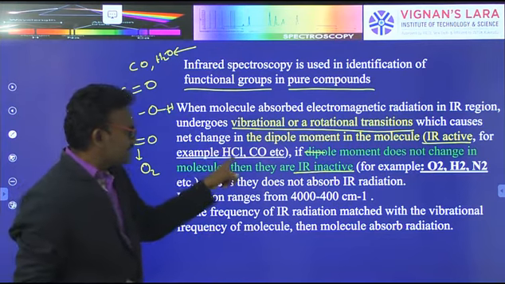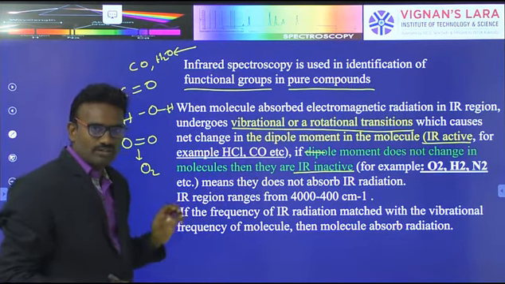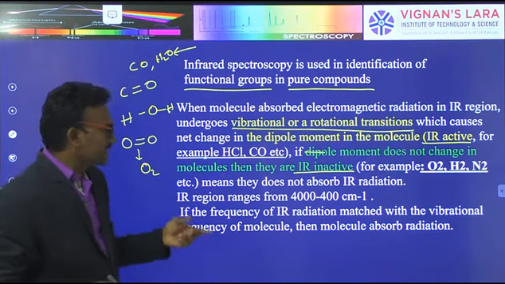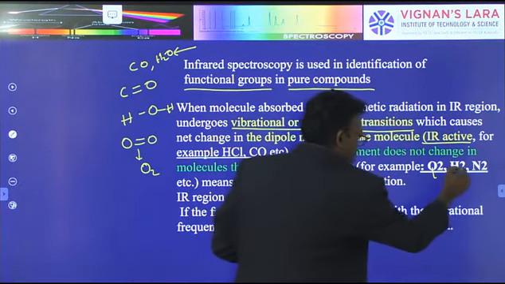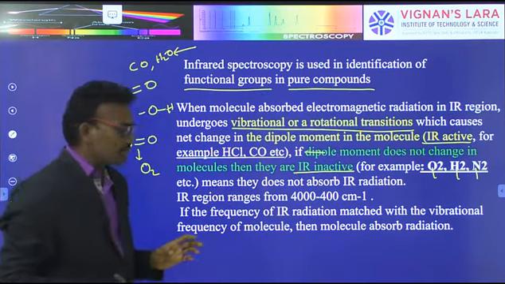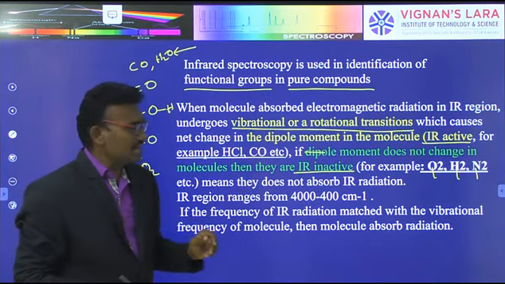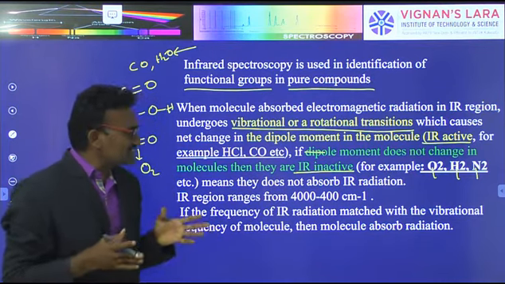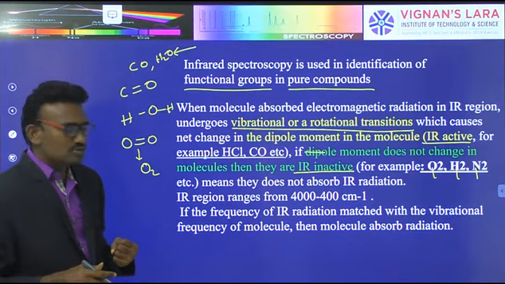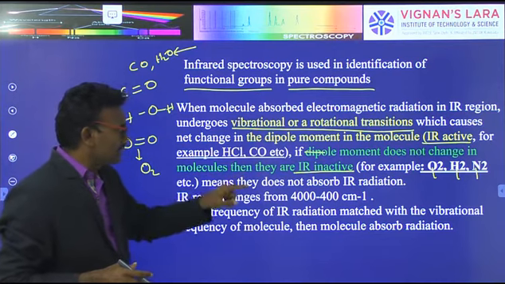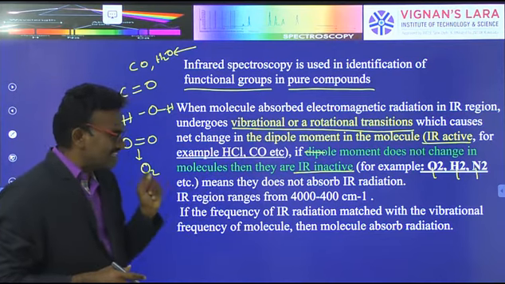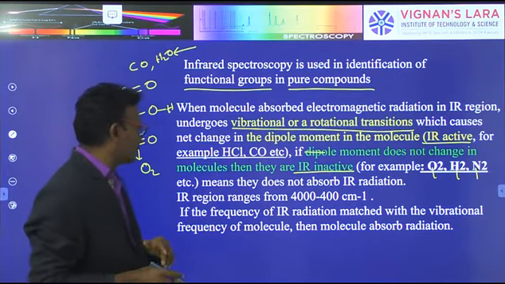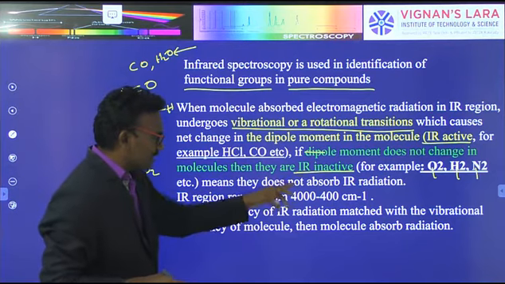For example, HCl and CO have different atoms in the molecules, where IR is active. In cases where molecules have the same atoms, IR is inactive, because with the same atoms the same energy is present between the atoms, which cannot change, so they cannot absorb IR light and cannot be determined. But with different atoms present in the molecules, the functional groups are easily found, where IR is very active.